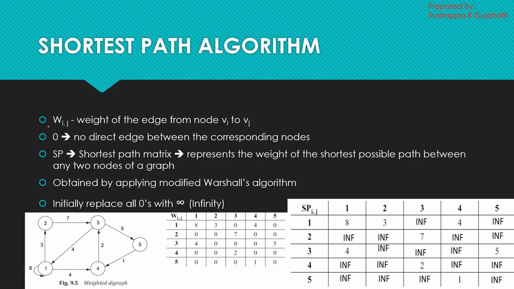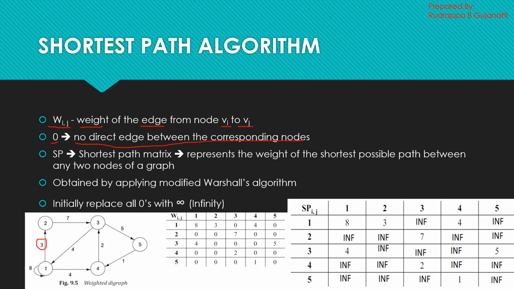Here, what does Wij imply? It implies the weight which is associated with the edge in moving from node Vi to Vj. That is, from 1 to 2, 3 is the weight associated with this edge. We sometimes term it as cost also. 0 indicates that there is no direct edge between the corresponding nodes.